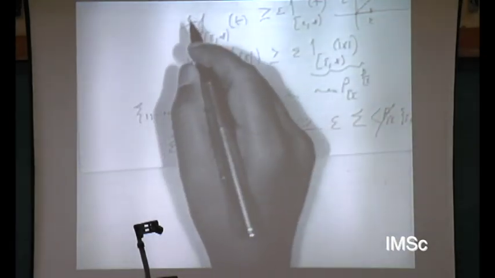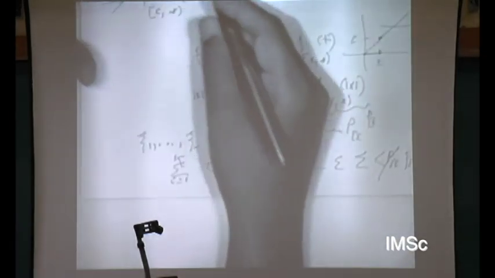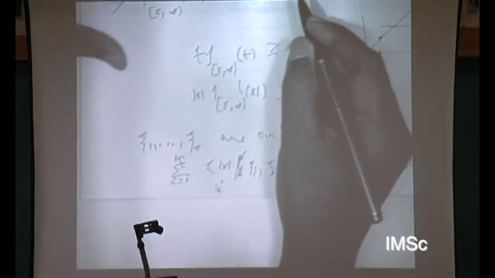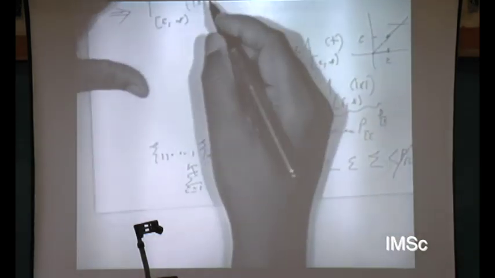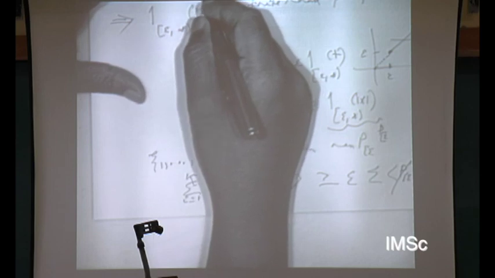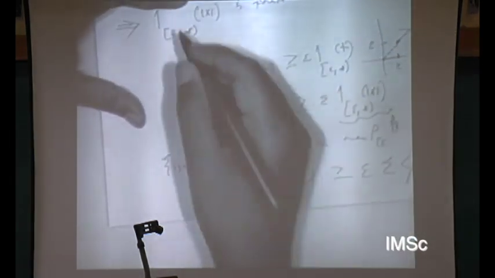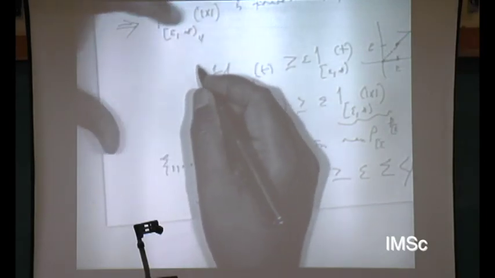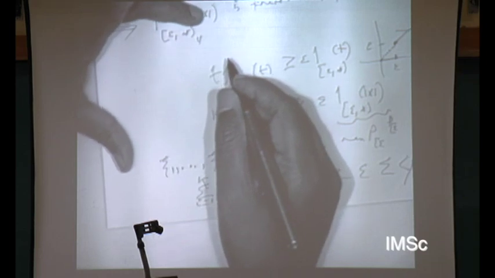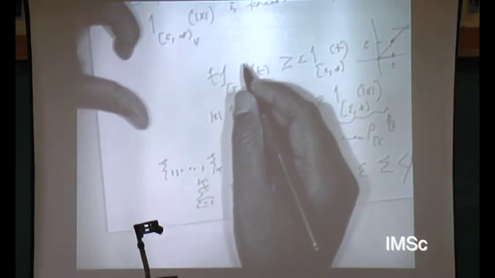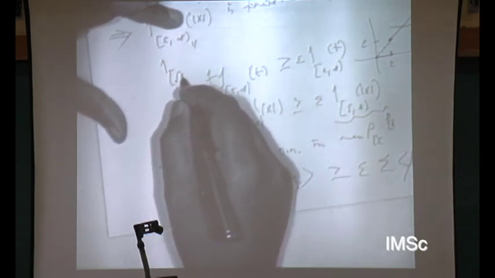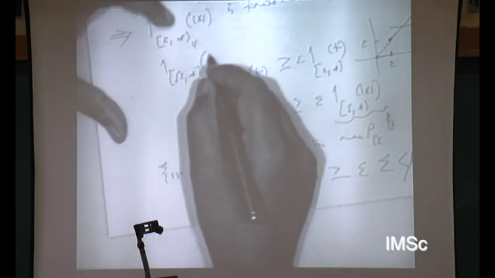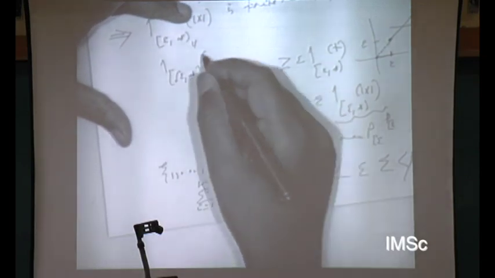Mod x being bigger than epsilon means the square root of mod x is bigger than the square root of epsilon, and this is the same as the indicator of root epsilon to infinity of mod x to the power half.